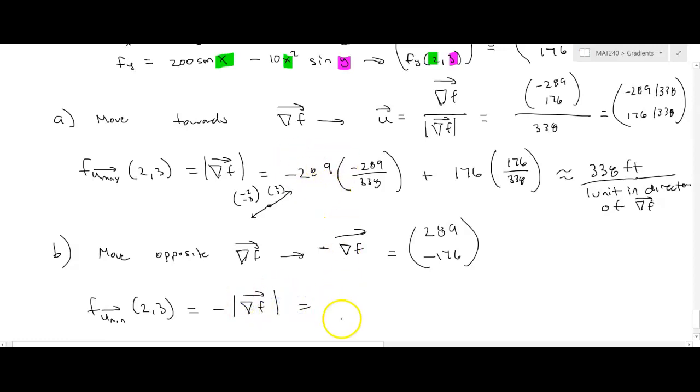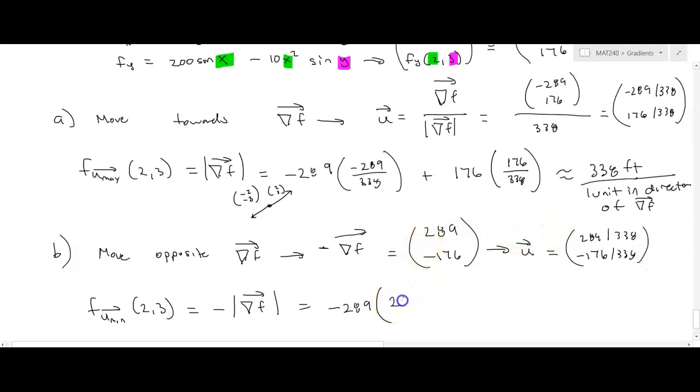But if we piece it together, we're going to lose 289 feet of elevation for every 1 unit we travel east. Then we need to make this the unit vector. So that's 289 divided by 338 and negative 176 divided by 338. Its magnitude won't change, it just points the opposite direction. Its length stays the same.